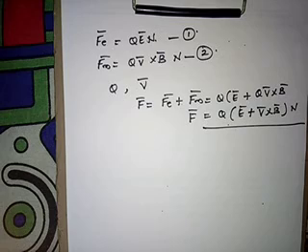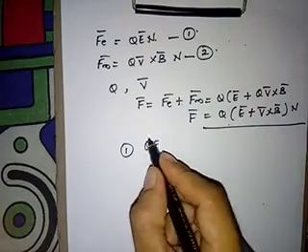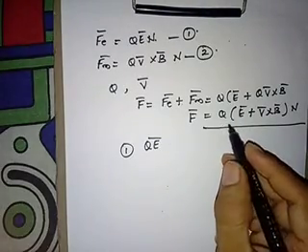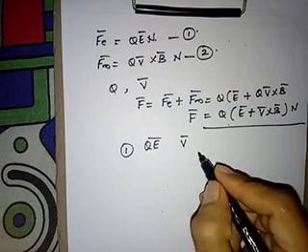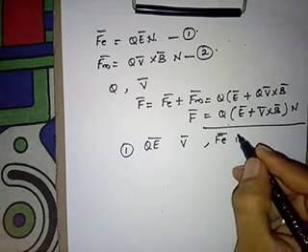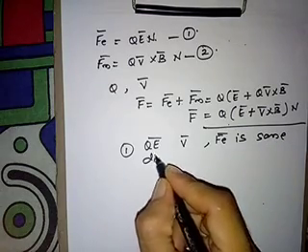Some points about the Lorentz force equation: the first point is that the first term, QE bar, does not depend on V bar, and Fe bar is in the same direction as E bar.